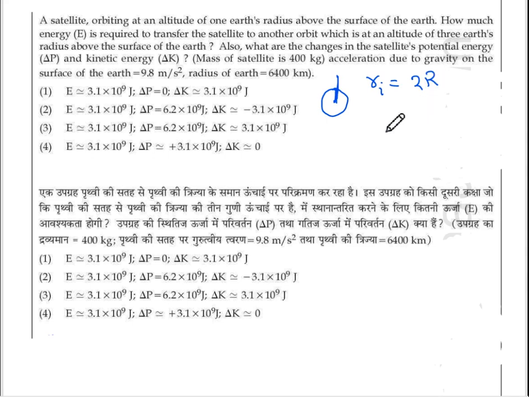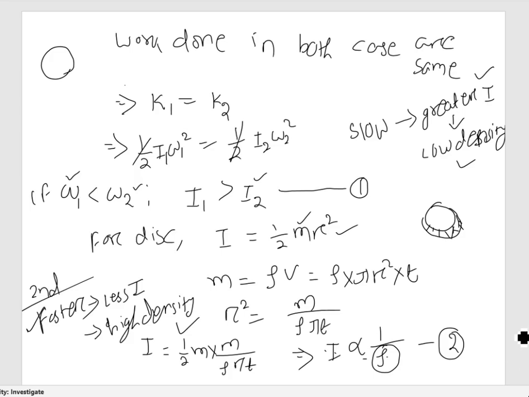For r final, the question is saying we have to transfer it to 3 Earth radii above the surface, so this length will become 3r, and the total will become 4r, where r is the radius of Earth. Clear? Now we have to find the potential energy.